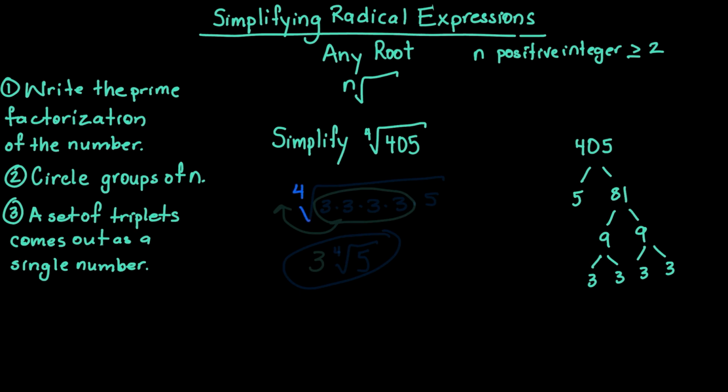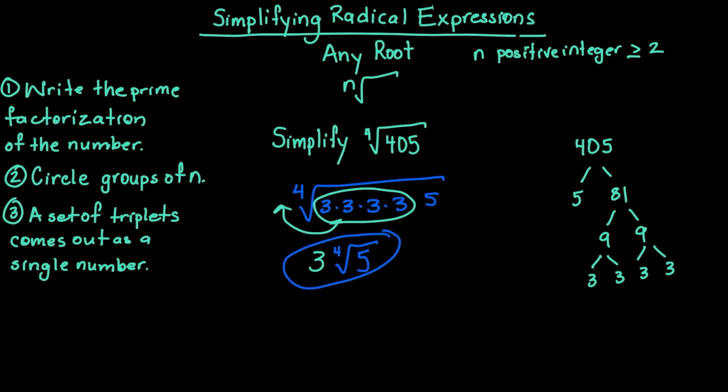So 405 can be rewritten as 3 times 3 times 3 times 3 times 5. I have a group of 4 3s that will come out of the radical as a single 3, and I'm left with the fourth root of 5.